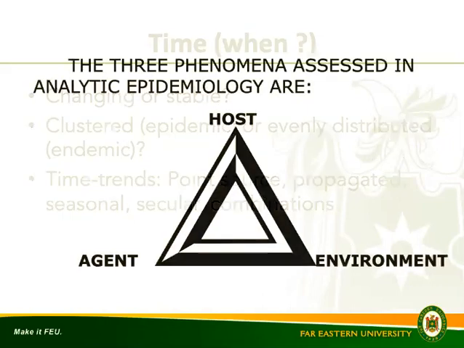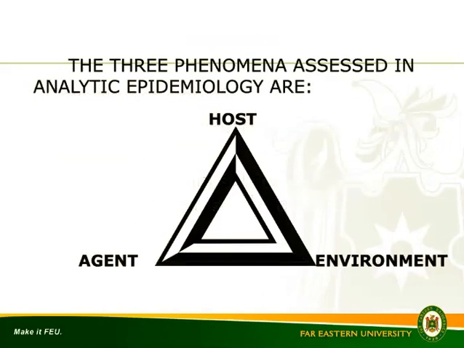The next epidemiology triad is the three phenomena assessed in analytic epidemiology. So if time, person, and place is the basic triad of descriptive epidemiology, the host, the agent, and the environment is the triad of the analytic epidemiology.